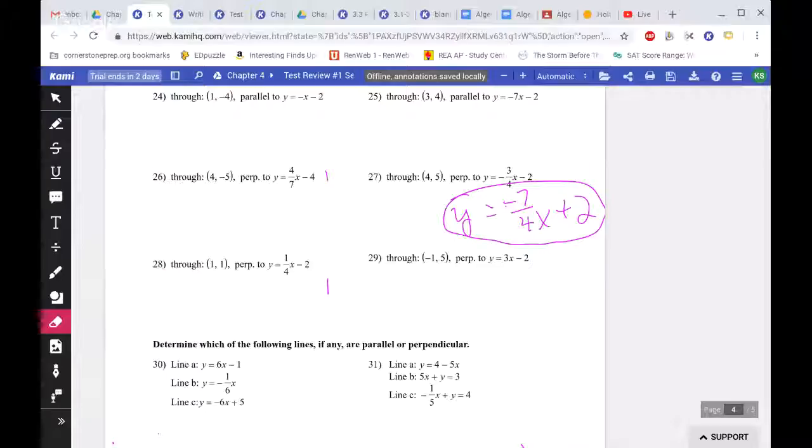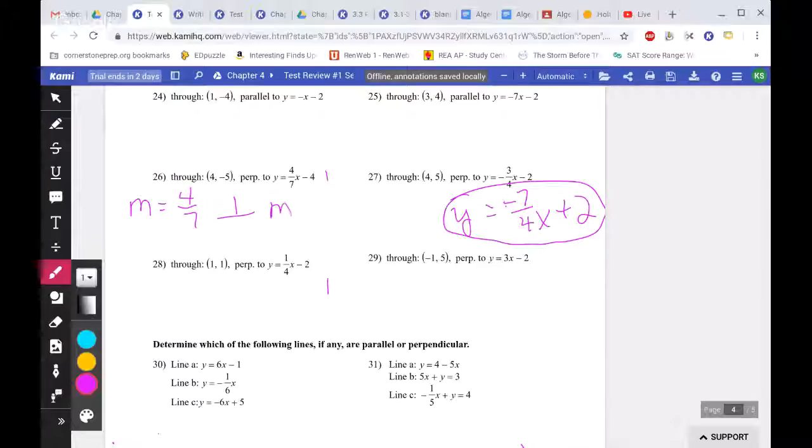Number 26 is find the perpendicular line, so the slope is opposite reciprocal. The original line is 4/7. So the perpendicular slope would be -7/4. Oh, I see. Good question, though.